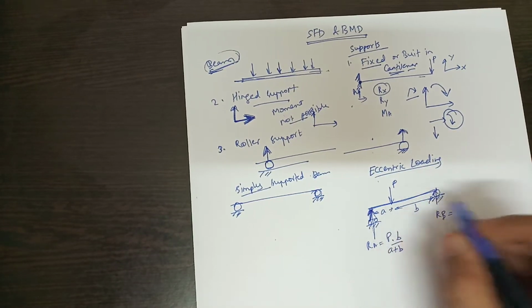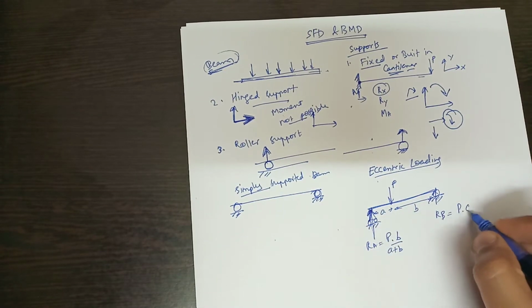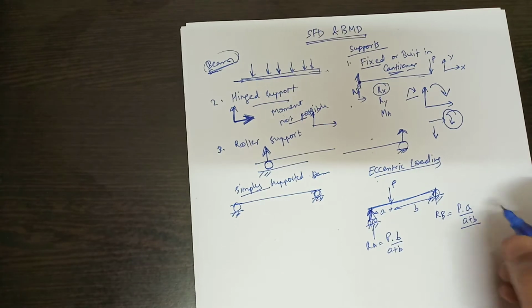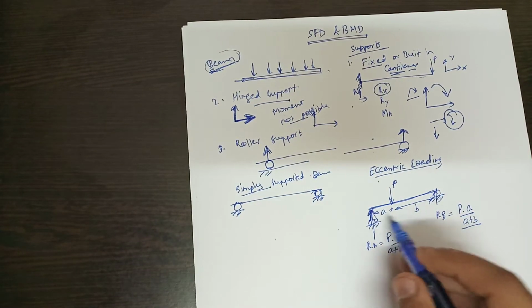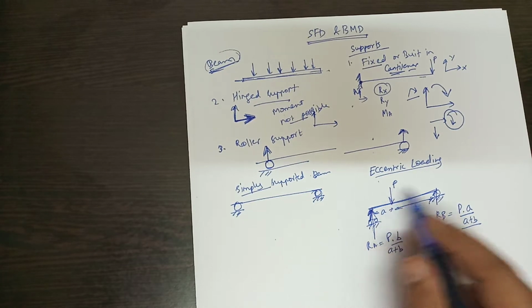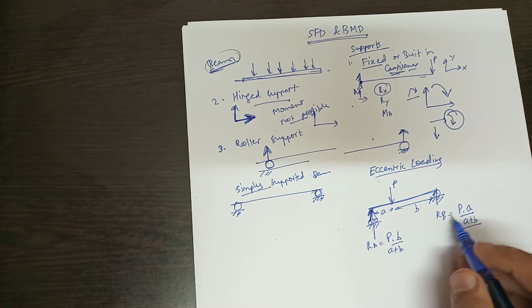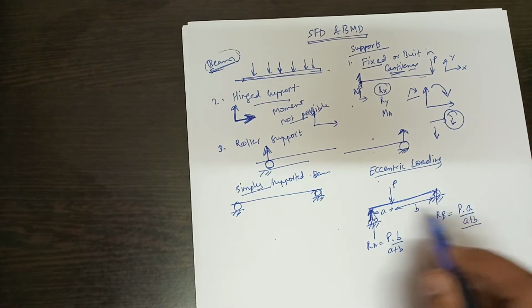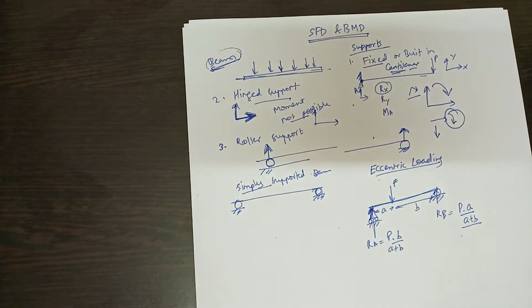RB will be force into distance from that support, P into A upon A plus B. This can be used as a trick for easy solving of the questions. That means the reaction from this support will be equal to force into distance from the other support upon total length. Reaction B will be force into distance from the other support upon A plus B. Okay, so this can be used as a shortcut.